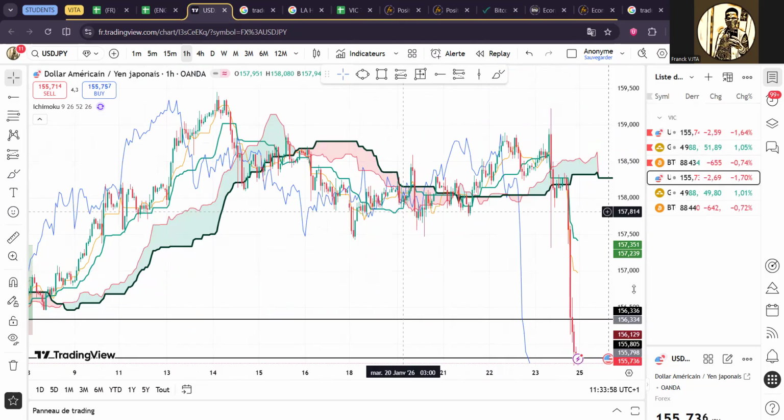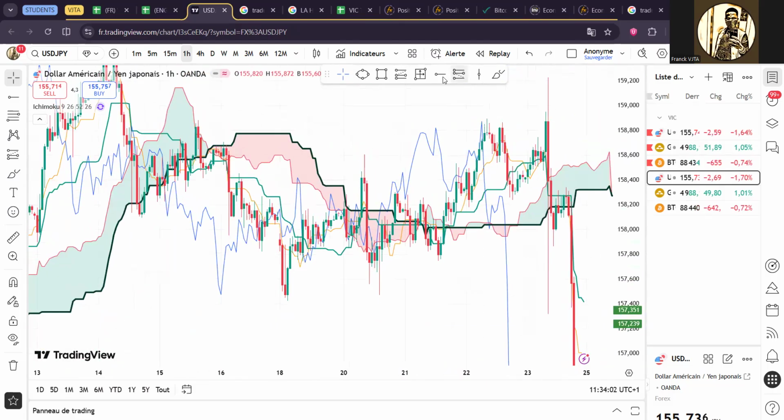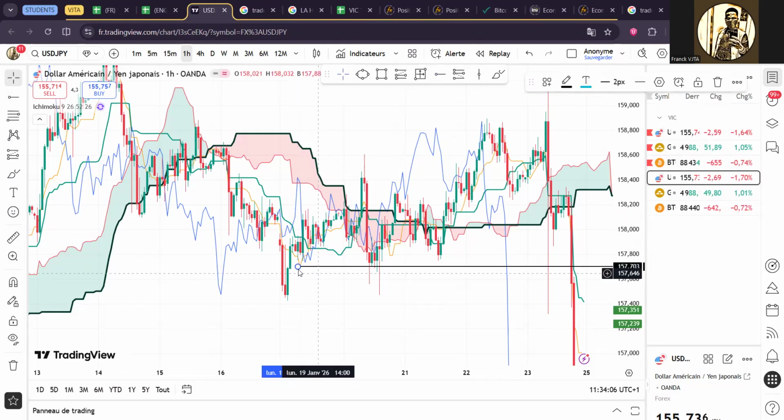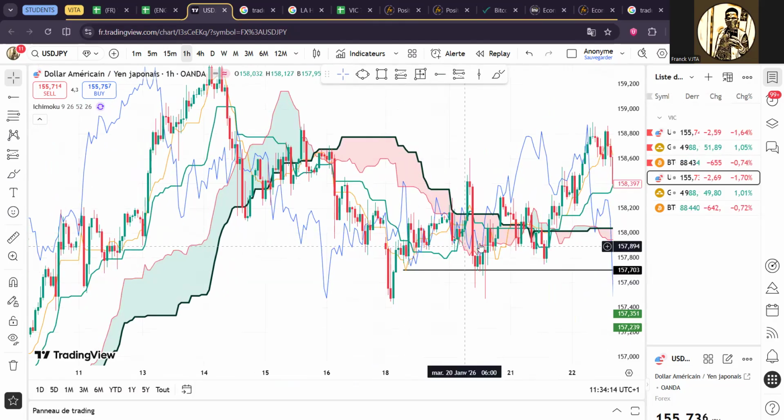Even at this level, you have the same thing that happened. You see the deepest, the lowest Tenkan curve is at this point. It serves like a support.